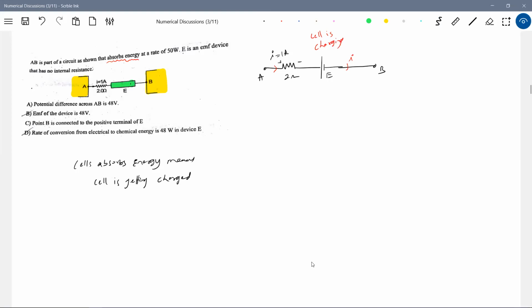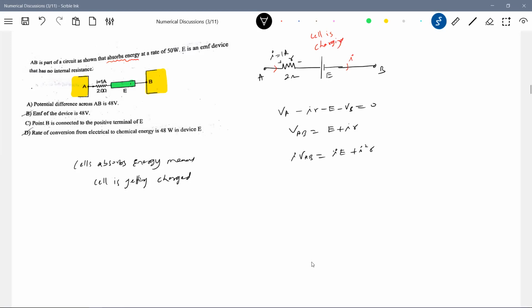This 50 watt is what is given. Okay, we'll see what equation I can write. So this is R. VAB is equal to E plus IR. Let me multiply by I. So what is I into VAB?